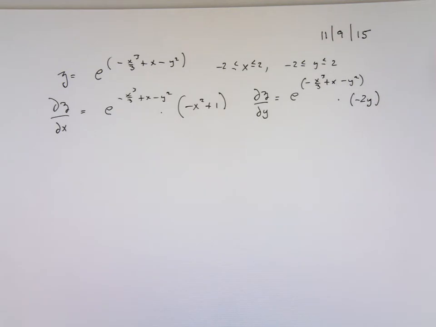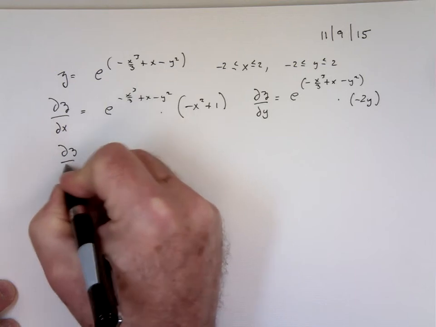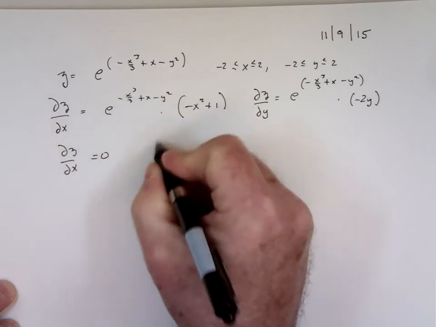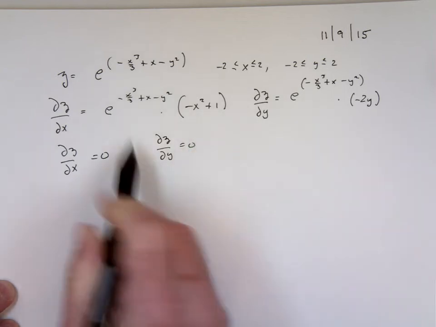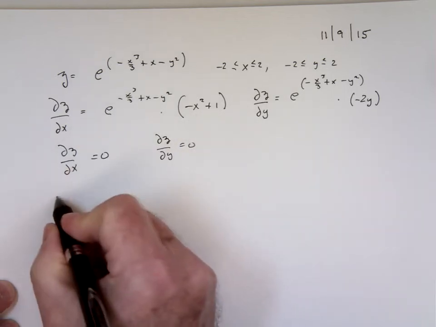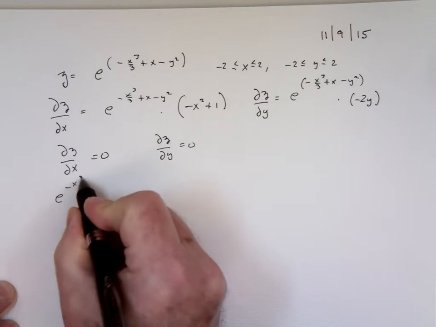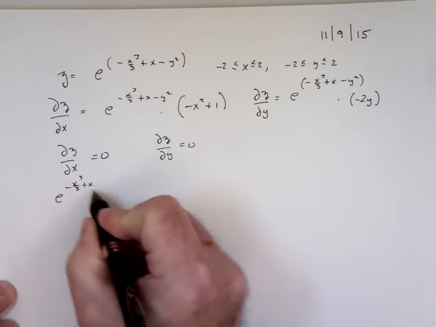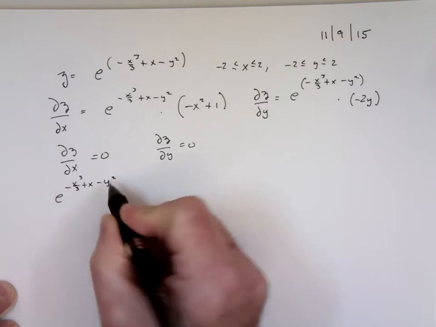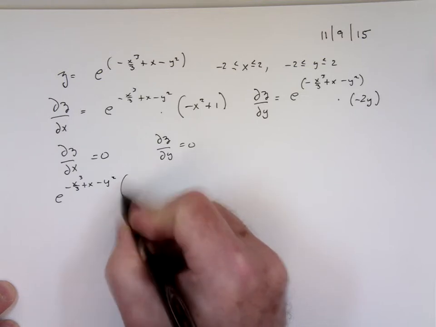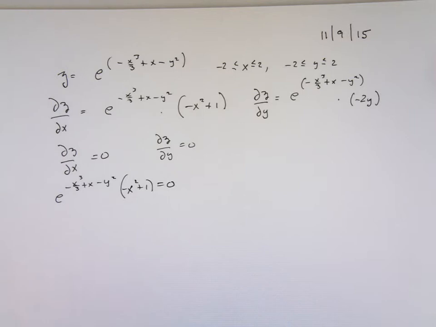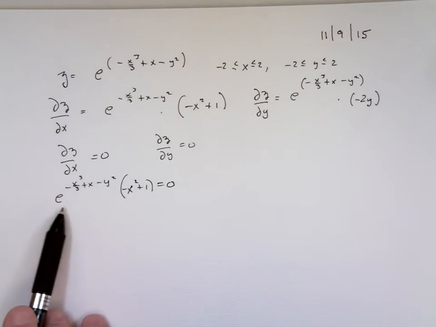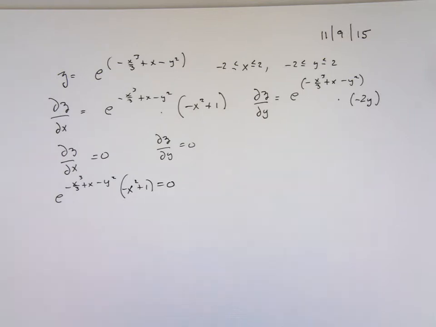We want to locate our critical values by setting the partial with respect to x equal to 0 and the partial with respect to y equal to 0. And when we set this equal to 0, let's see what we have. Yes, exactly right. When you set that equal to 0, the exponential function is never equal to 0, like we discussed.